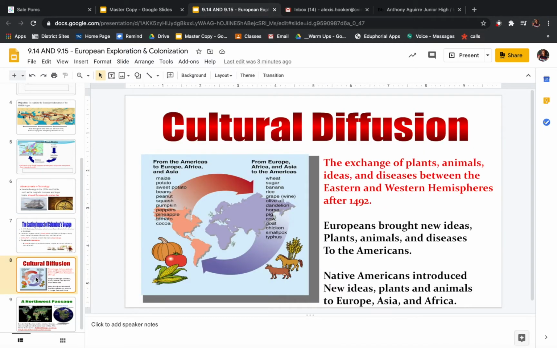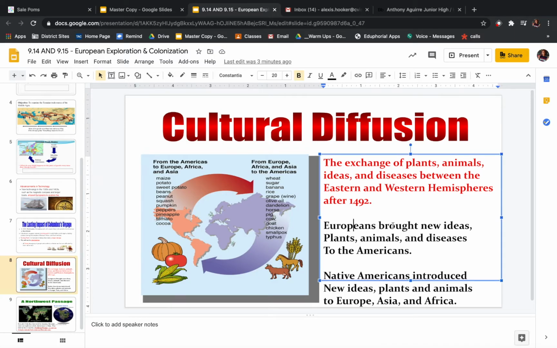So after Christopher Columbus landed in the Americas, cultural diffusion started to happen. What happened? Well, Europeans brought new ideas, plants, animals, and diseases to the Americas.